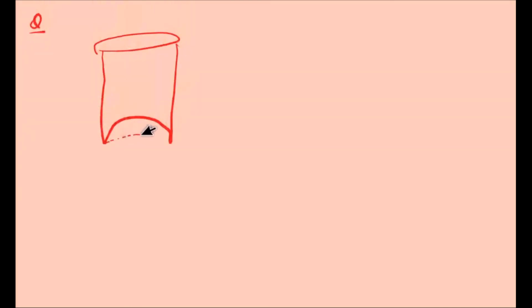A juice seller was serving his customer using a glass as shown in the figure. He used this type of glass. He used the juice here. Now you can understand this topic. The diameter of the cylinder glass is given as 5 centimeter.